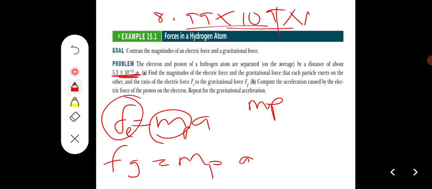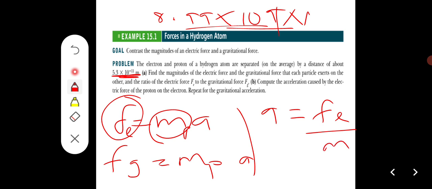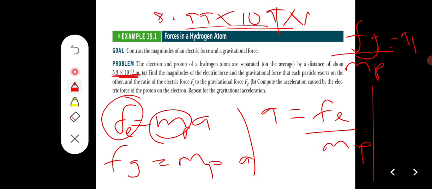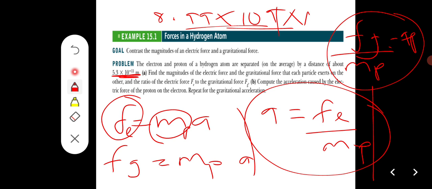Then you can make A the subject of the formula, which will give us electric force over mass of proton, and gravitational force over mass of proton, equal to the acceleration of the proton. So these two formulas will help you calculate the last part.